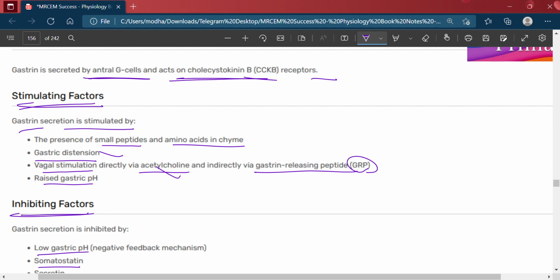It is stimulated when amino acids and peptides are in the chyme, and by gastric distension.